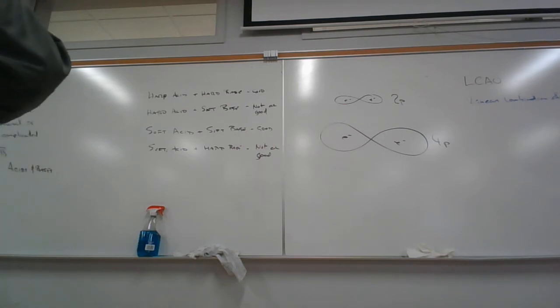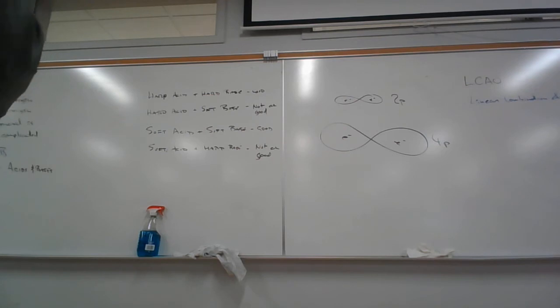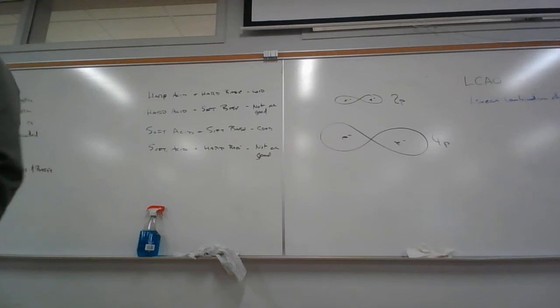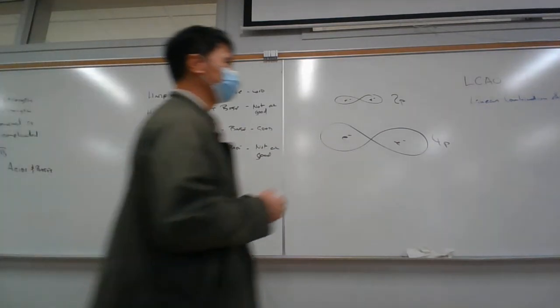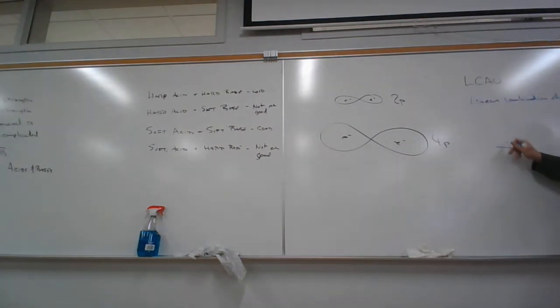So what happens is this. When you do a linear combination of atomic orbitals, you take an atomic orbital from atom A and an atomic orbital from atom B, and you mix them quantum mechanically. When you do an LCAO, you generate something called a bonding molecular orbital for AB.